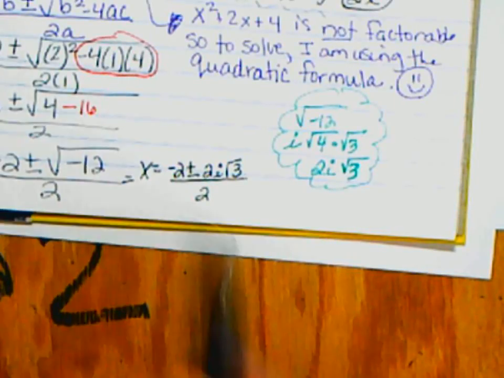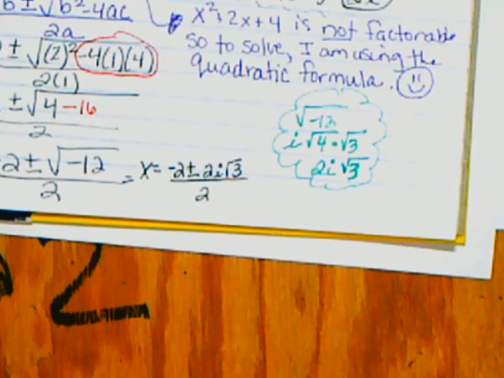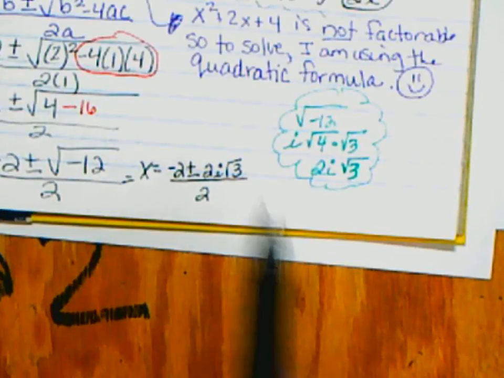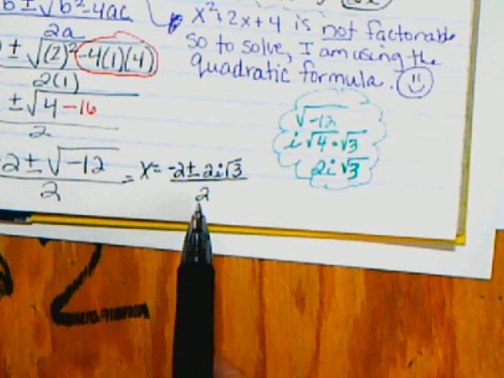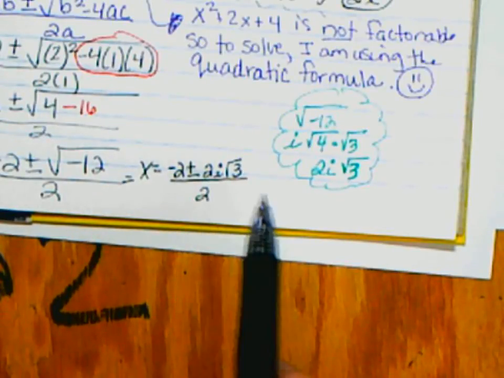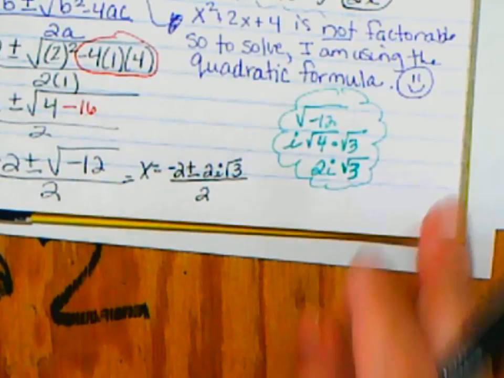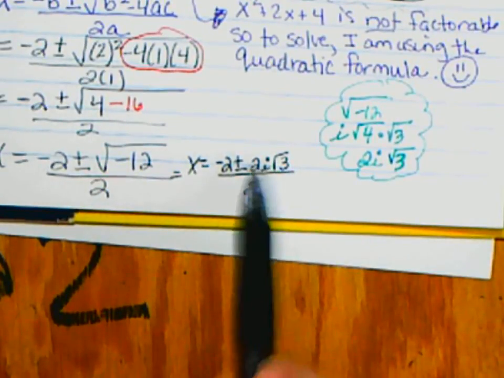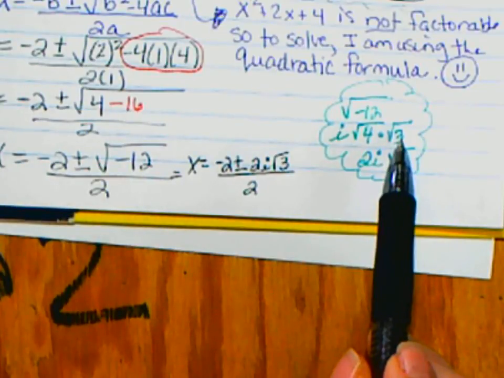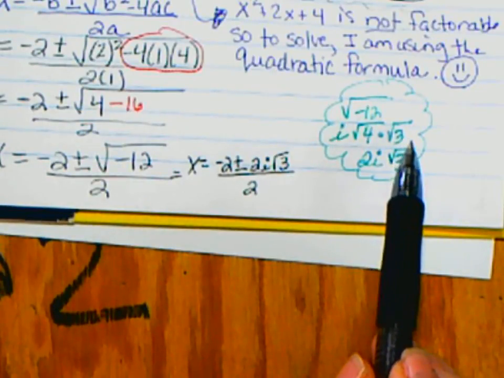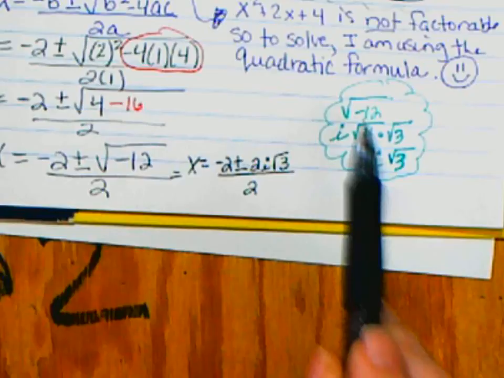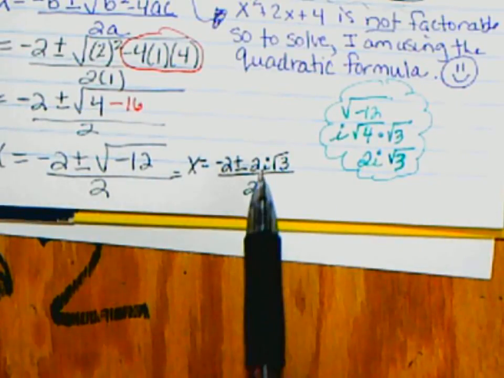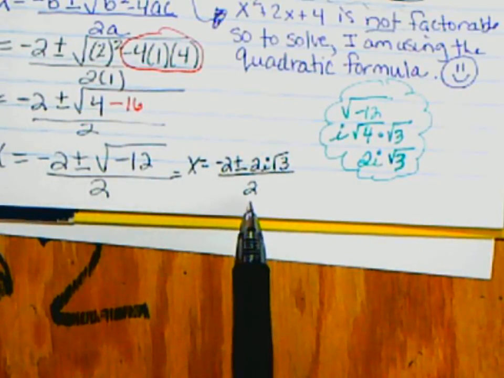What's negative 2 divided by 2? Negative 1. So if I can also reduce this term, then I should reduce. What's after the negative 1? 2i square root of 3, because we took square root of negative. Can I reduce 2i square root of 3 divided by 2?